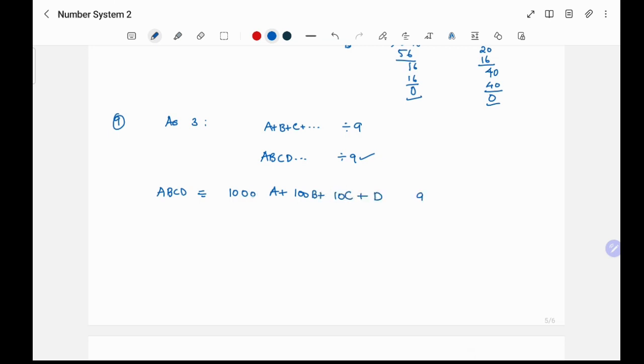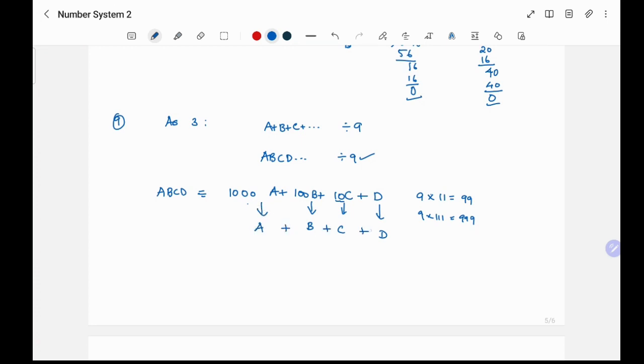Now for 9, let's see c: 10 when divided by 9 gives a remainder of 1, so this we can convert as c. This is nothing but d itself. 100, again 9 into 11 gives 99, so 100 also leaves a remainder of 1, so this is b. 1000, 9 into 111 gives 999, so 1000 also leaves a remainder of 1.